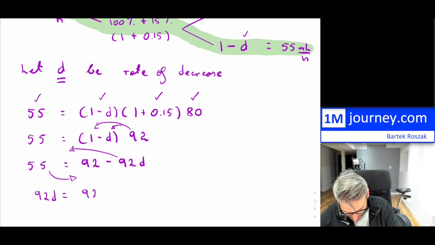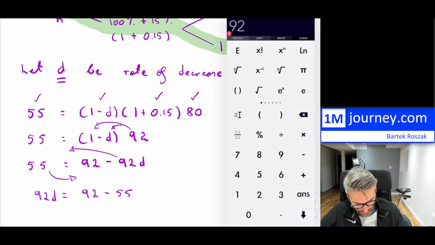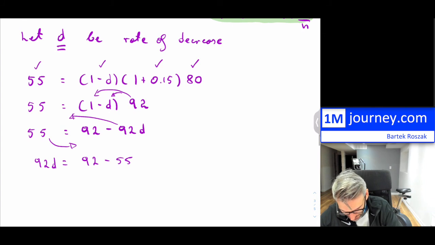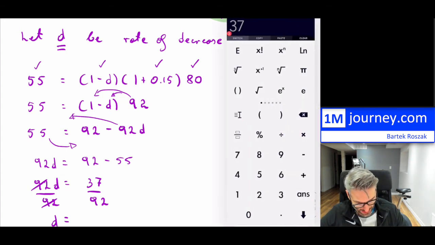Just as I'm solving, 92 minus 55 is 37. So we have 37 and 92 d. You can divide that on both sides, and that gives me 37 divided by 92.